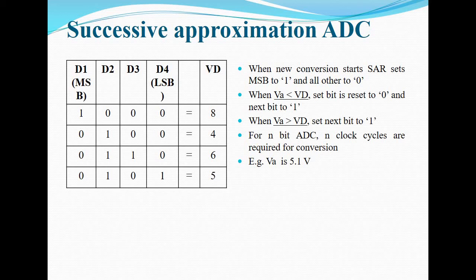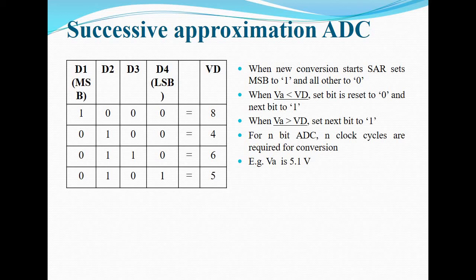Always at the comparator there are two cases: either VA is less than VD or VA is greater than VD. Let us understand these two cases first and iterate later.